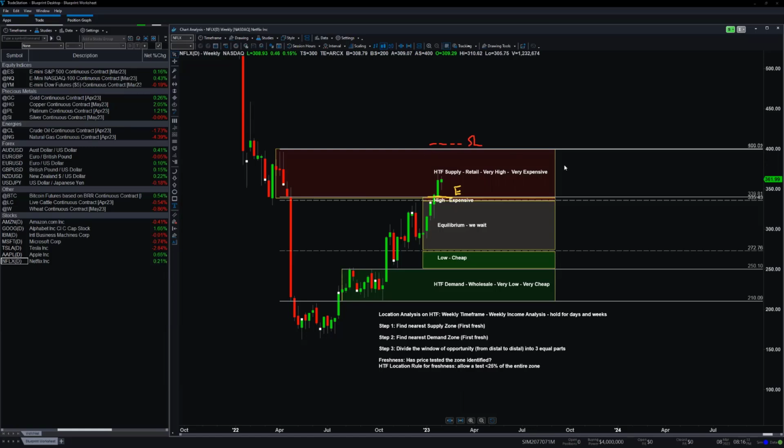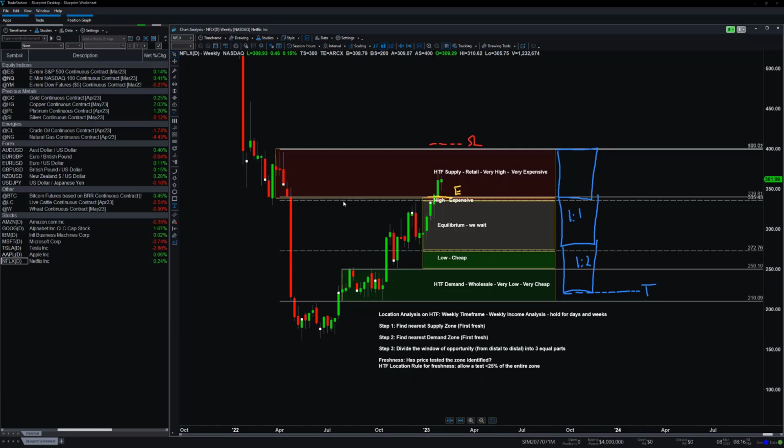Well, price has to travel this size of the box times 2. So here I'll have a 1 to 1. And then here I'll have a 1 to 2. So price has to travel all the way to here for me to reach a 1 to 2, which I need on average to be profitable.